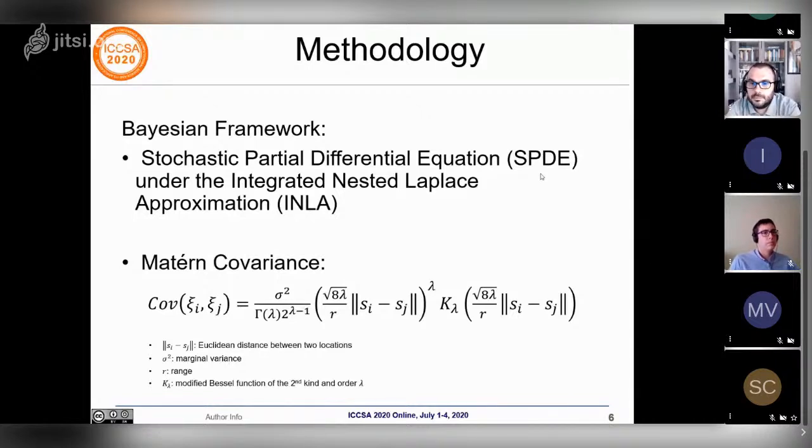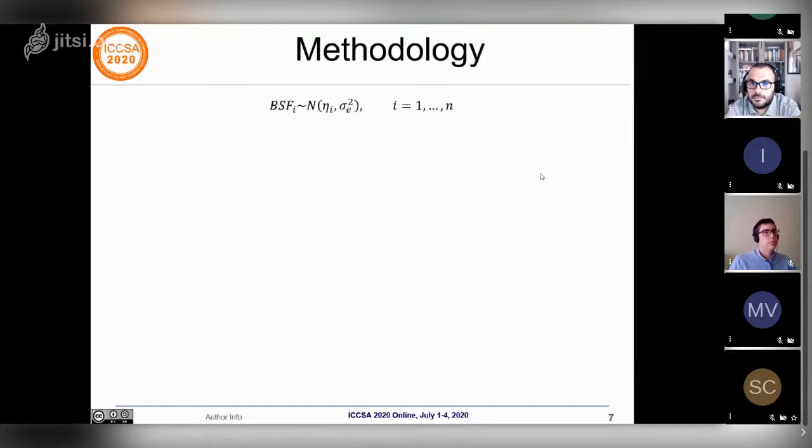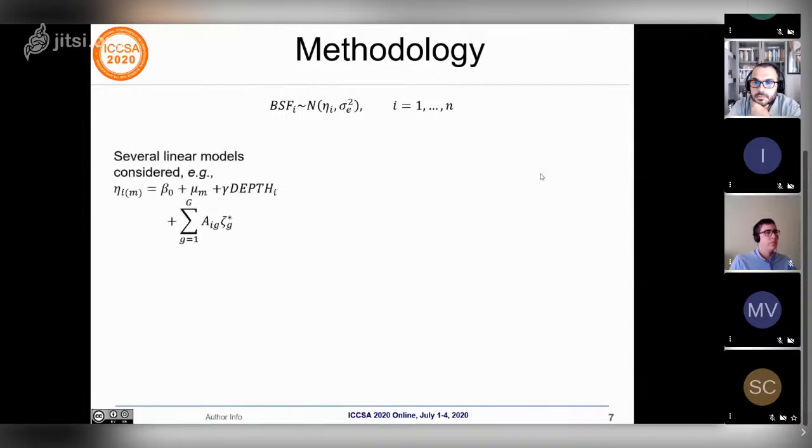As said before, the Box-Cox transformation was used for the catches, and so the observations follow a Gaussian distribution with the response mean at i and variance sigma squared e. Several linear models were considered. One of the models is presented here, and it includes the variable group tonnage as a random effect with a sum to 0 constraint, the variable depth as a fixed effect, and a spatial component.